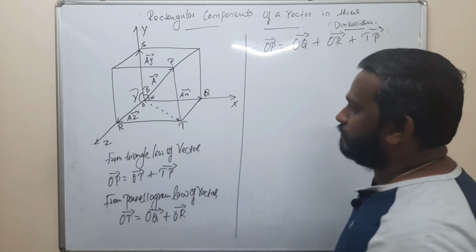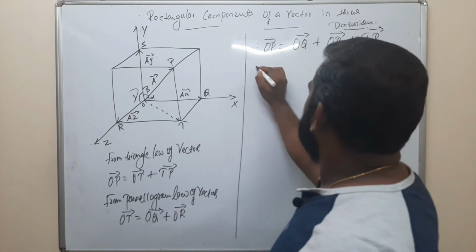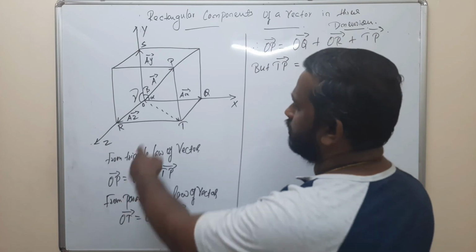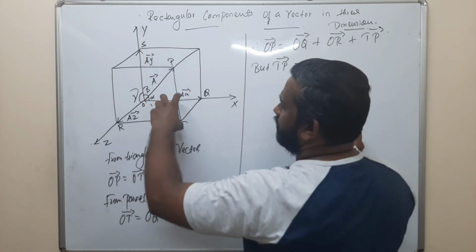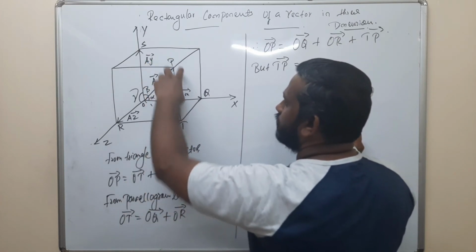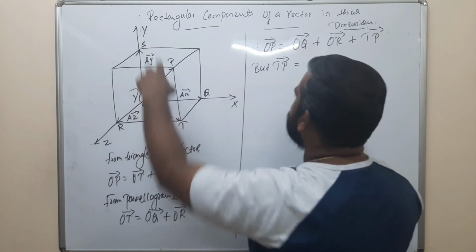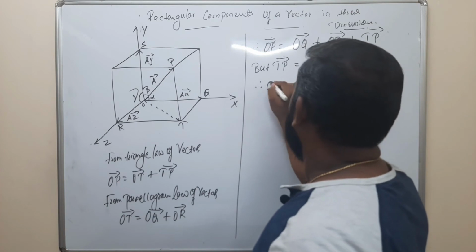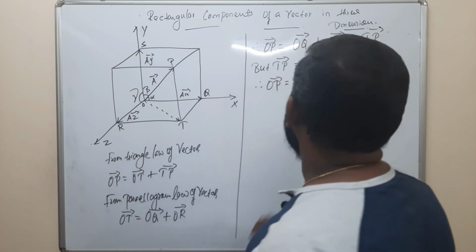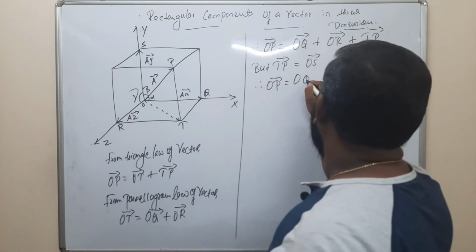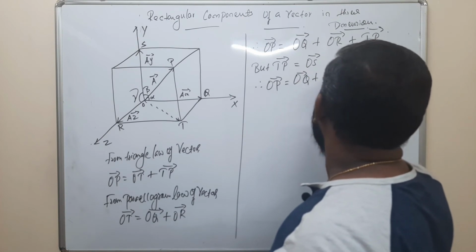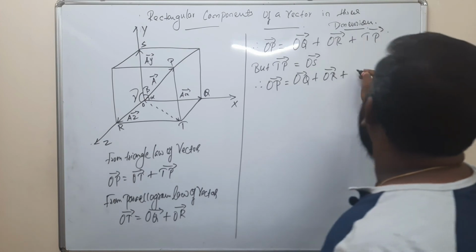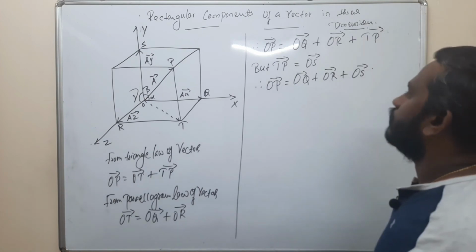But TP vector is nothing but the y-axis length, so TP vector we can write as OS vector. Therefore, OP vector is equal to OQ vector plus OR vector plus OS vector.